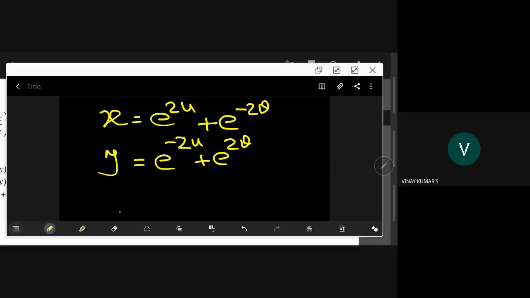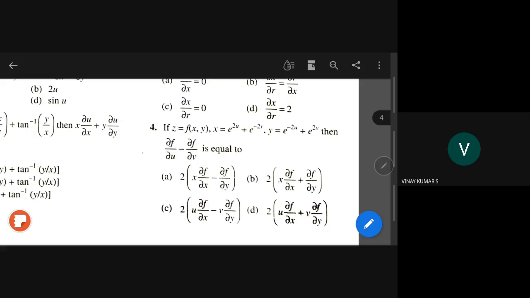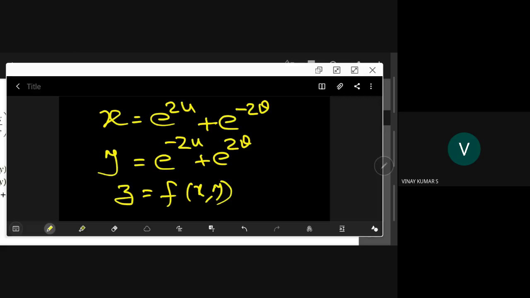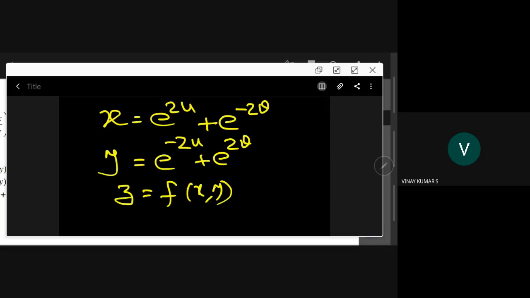And z is a function of x and y. Okay, this is given. Now what we need to find? ∂f/∂u minus ∂f/∂v.